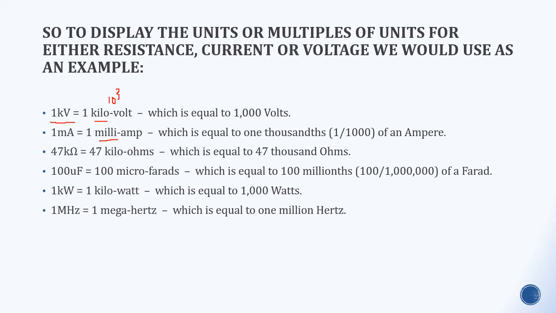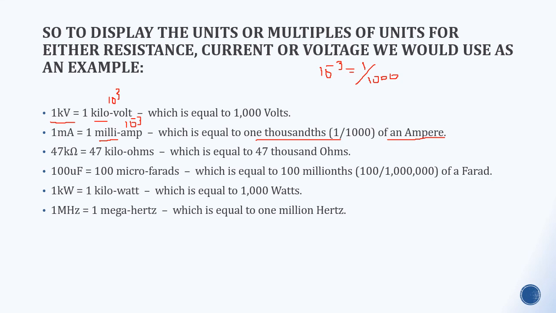Milli is a prefix for 10 to the power minus 3. 10 to the power minus 3 can be written as 1 over 1000. So 1 milliampere is equal to 1/1000th of an ampere.